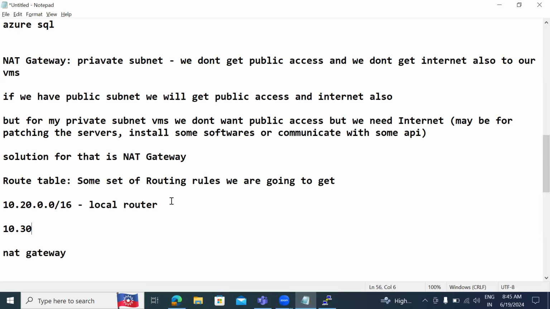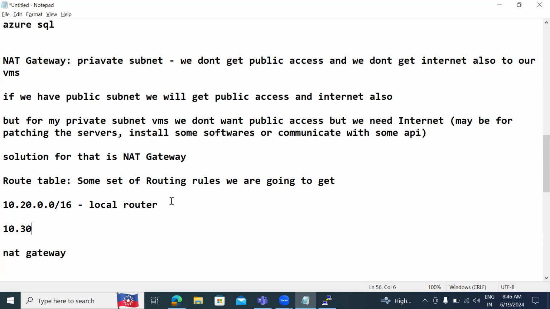VNet peering will go for two different VNets, either within the same region or multiple regions is also possible. But one restriction here is both the VNets shouldn't have the same IP range. If here it is 10.20, there 10.20 is not possible.